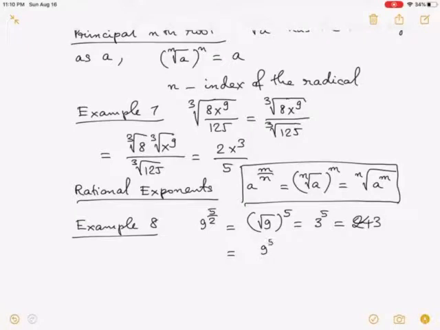Or we could write as 9 to the power 5, and after that take the square root.